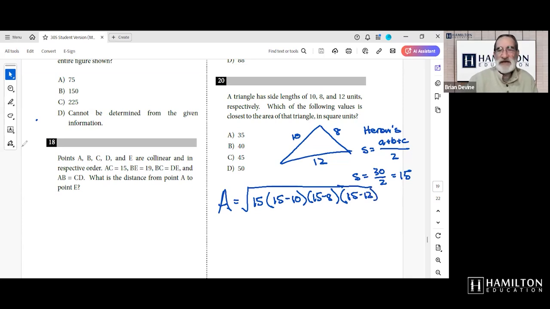And so we use this idea of the square root of s times s minus a times s minus b times s minus c. And if we take that and stick it into a calculator, we're going to get, oh, like 39.6, which is about 40. So 40 is your correct answer here.